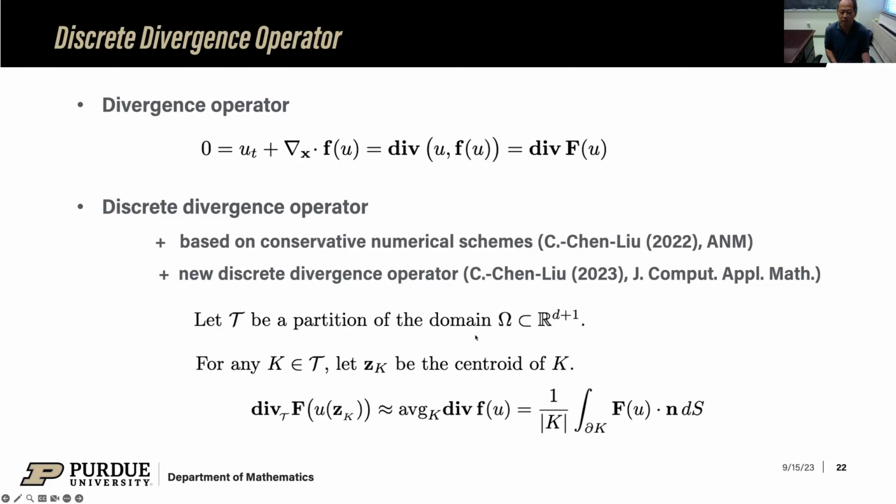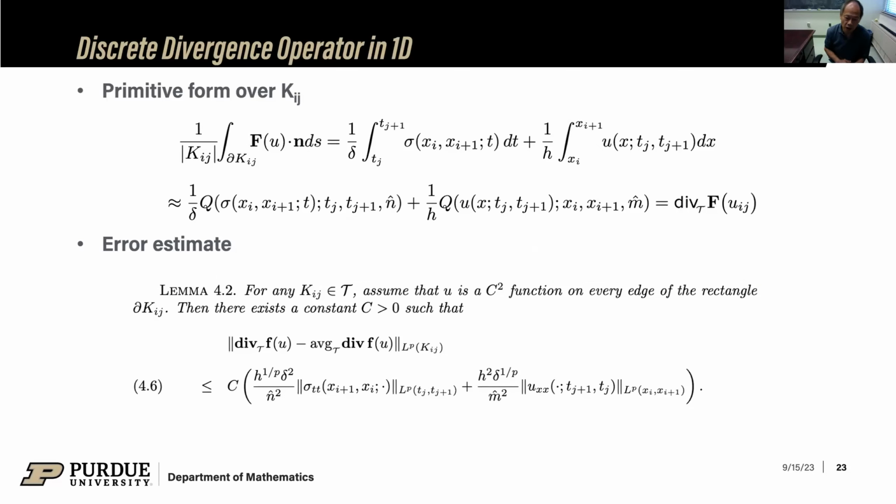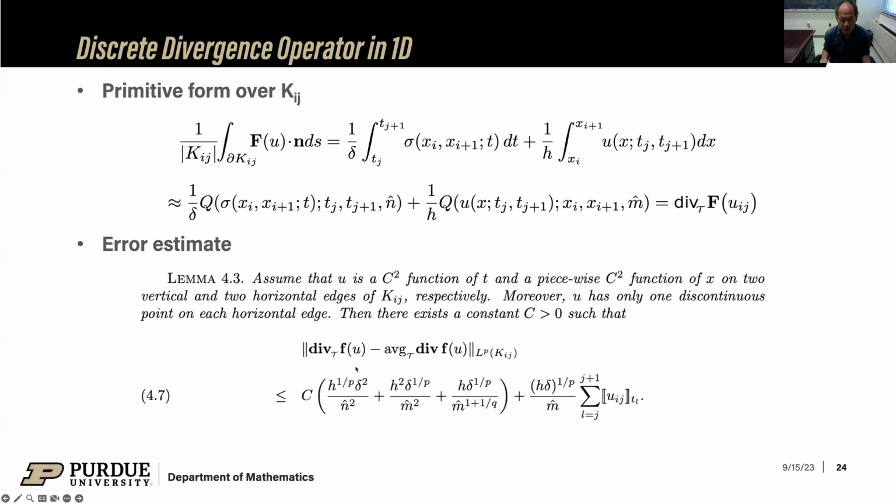So when I do approximation, the divergence of capital U is the surface integral average, which I can use to approximate the divergence. This is the standard way to derive the discrete divergence operators. Then you can talk about what order of approximation you have when your solution is discontinuous. For every interface we consider whether it is discontinuous or continuous, and then we can have all these kinds of estimations.